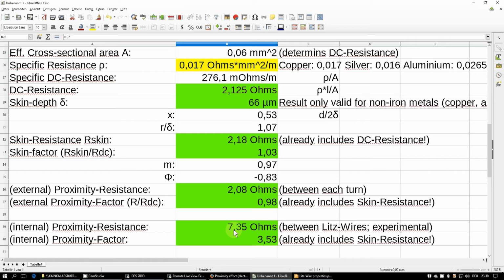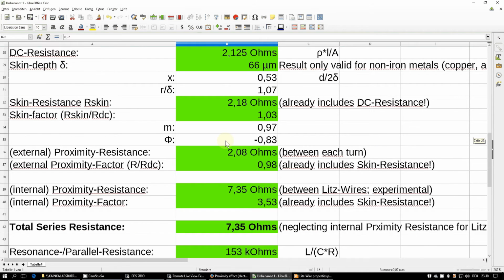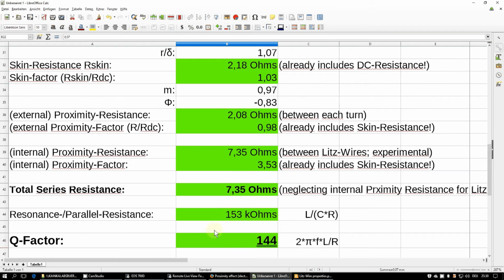Aha! Now we are finally way above the 2.2 ohms that we measured for DC resistance, and which remains constant by the use of litz-wire due to the skin effect. And now we get a Q factor of approximately 144.